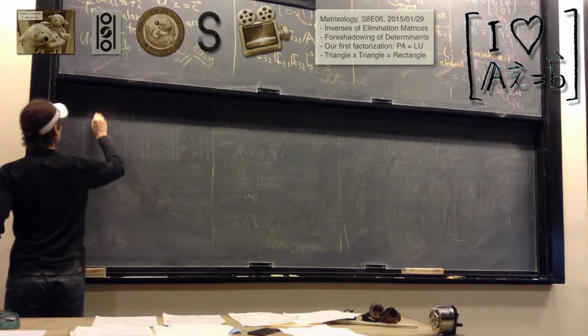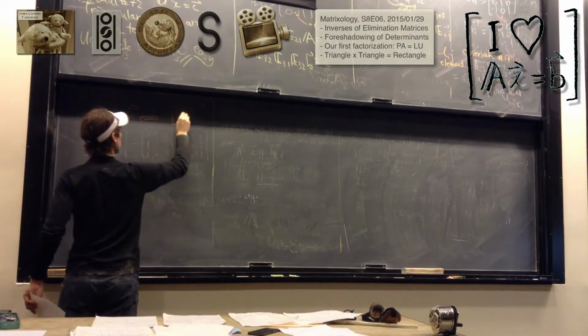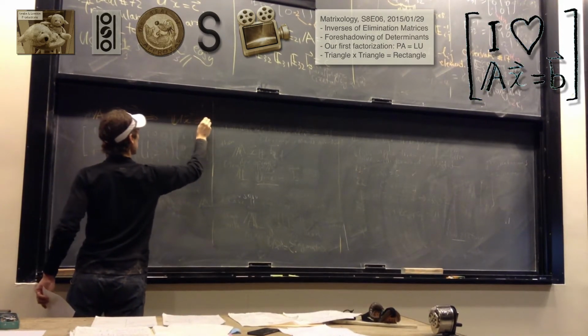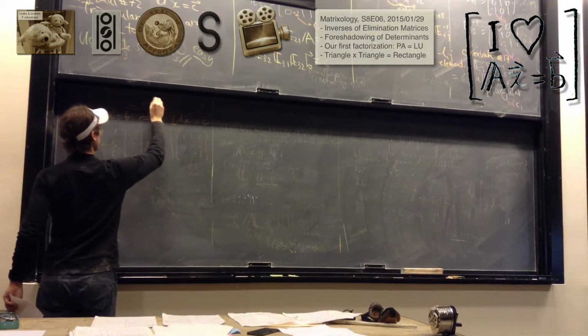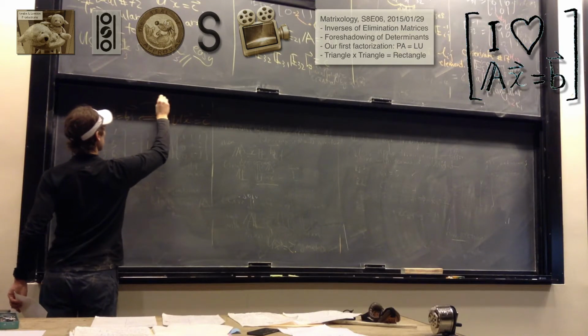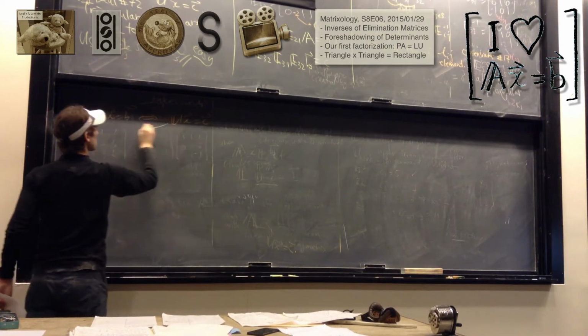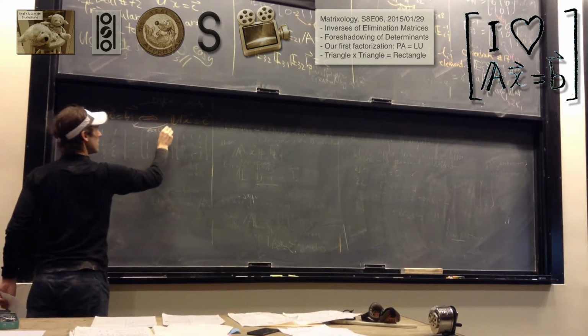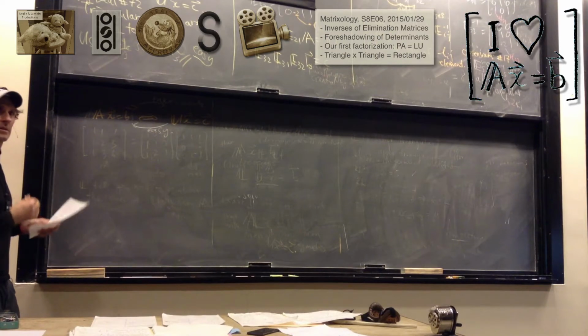So we go from Ax equals b to Ux equals c. And this direction, this takes work. Can you read that? It takes work. Right? These are our row operations. This is easy. I mean, we sort of showed this is easy.